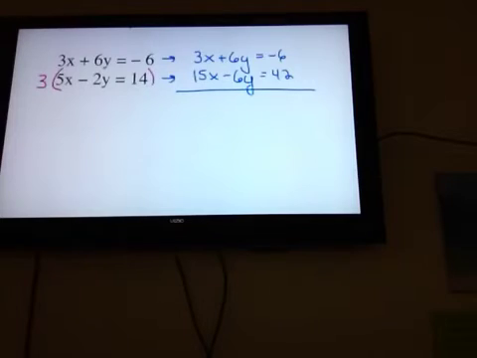And then I add down. 3 and 15 is 18x. My y's are eliminated. Negative 6 plus 42 is 36. And then divide by 18, and x is 2.